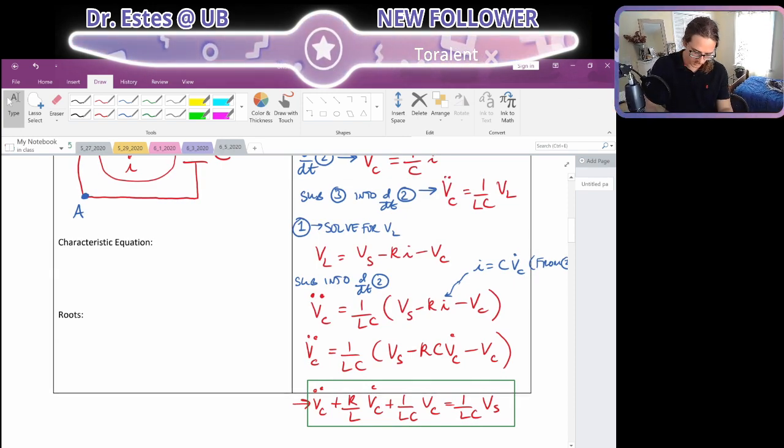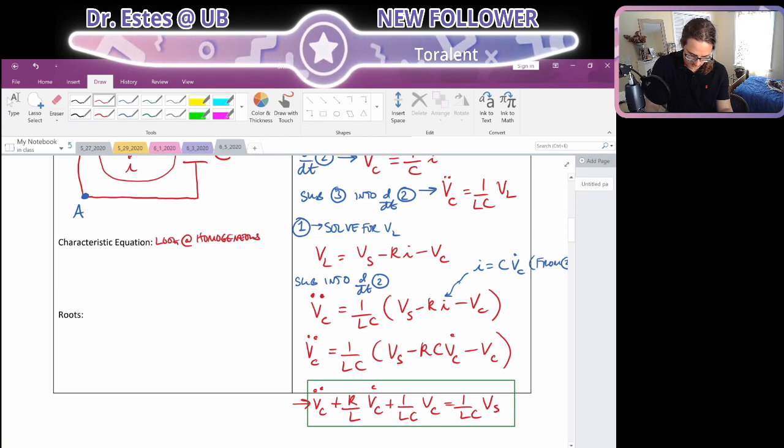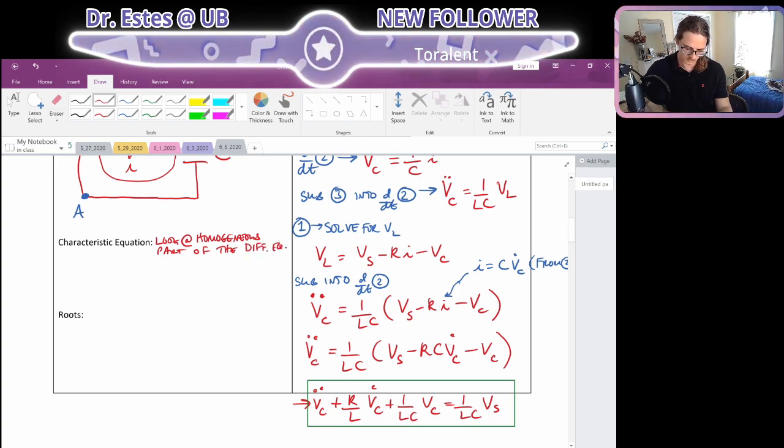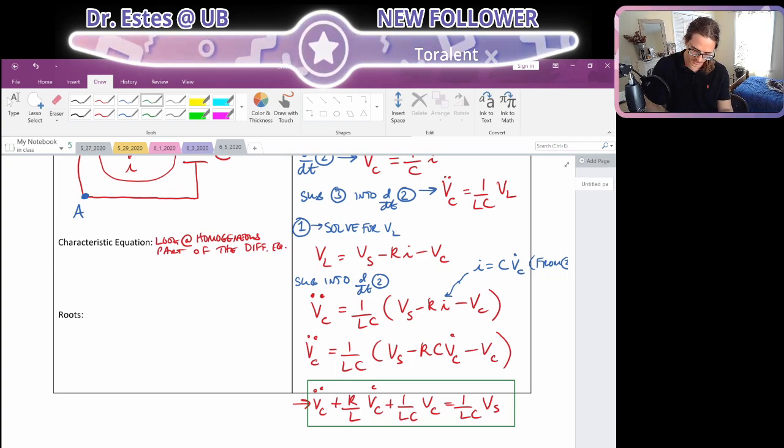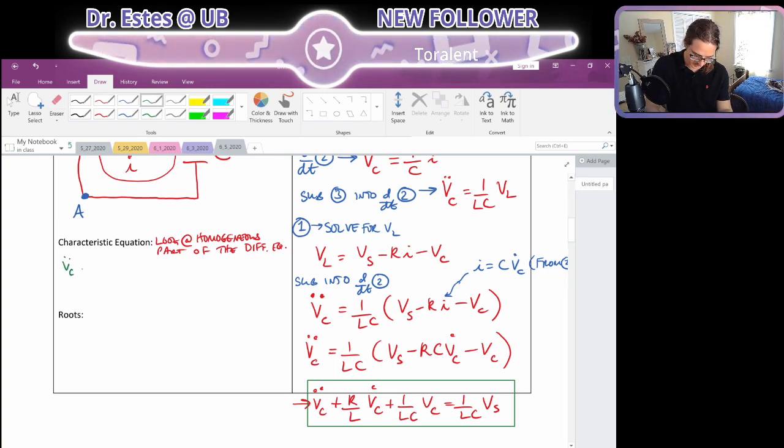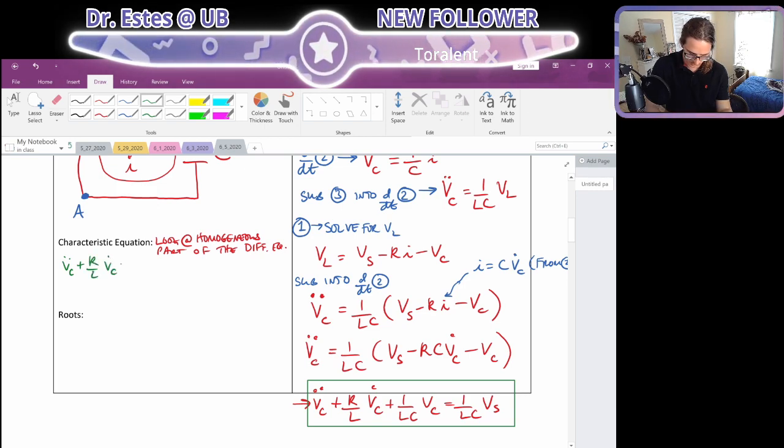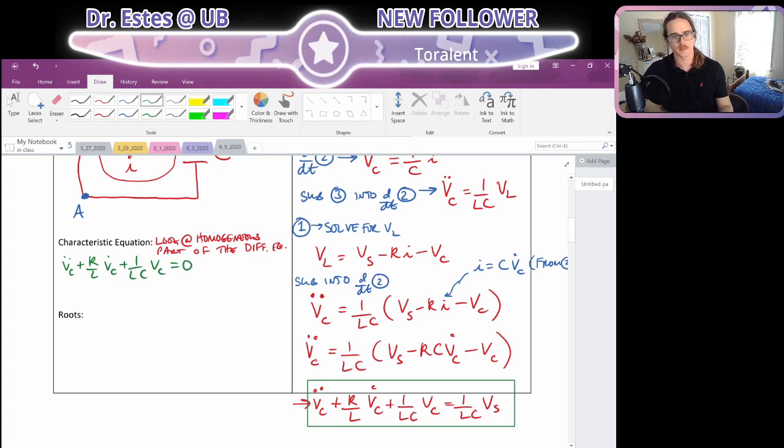What you do is you look at the homogeneous part of the differential equation. So that's just VC double dot plus R over L VC dot plus 1 over LC VC equals 0.